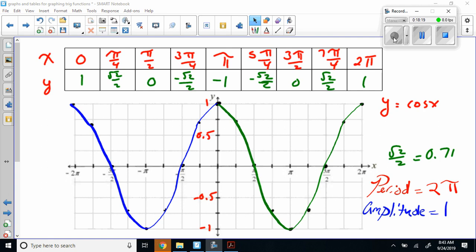So, there are, I guess it'd be identities, because it'd be another way to write a particular trig function, right?